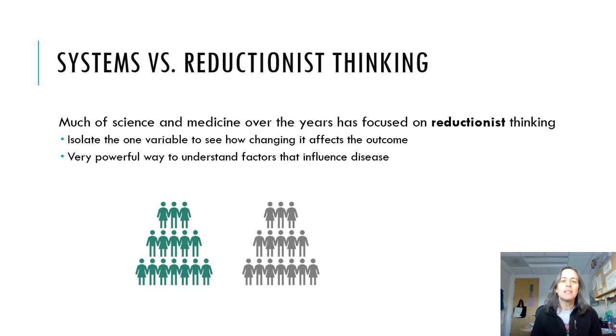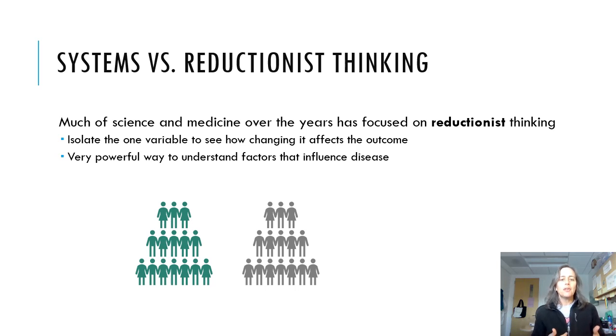So much of science and medicine over the years has focused on reductionist thinking. What you do is you isolate the one variable and see how changing that changes the outcome, right? So that you can determine causation, so that you can see if a potential treatment actually works or if there was some other random factor at play.